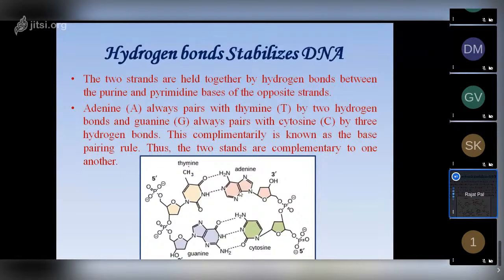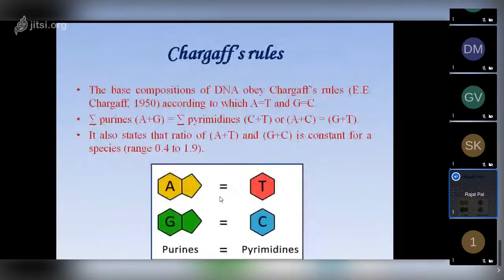If I make hydrogen bonds A with C and G with T, then all of them will have two hydrogen bonds maximum. So in any case, one hydrogen bond I will lose. To grab this opportunity for the formation of the third hydrogen bond between G and C, we are actually having the base pair between A and T and G and C.